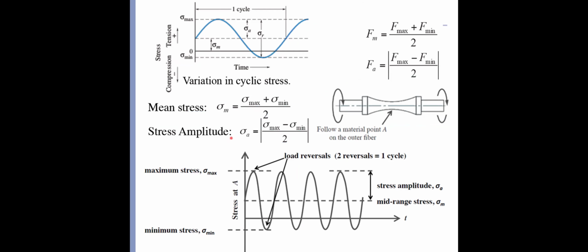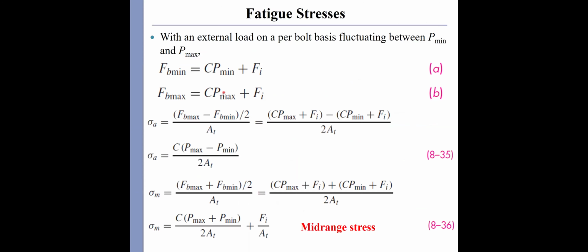Okay, so if we look back at the fastener or the bolt component using this cyclic stress concept, we have the minimum force, where B here represents the bolt. The minimum force of the bolt, F_B min, equals C times the minimum external force plus Fi, which is the initial force.